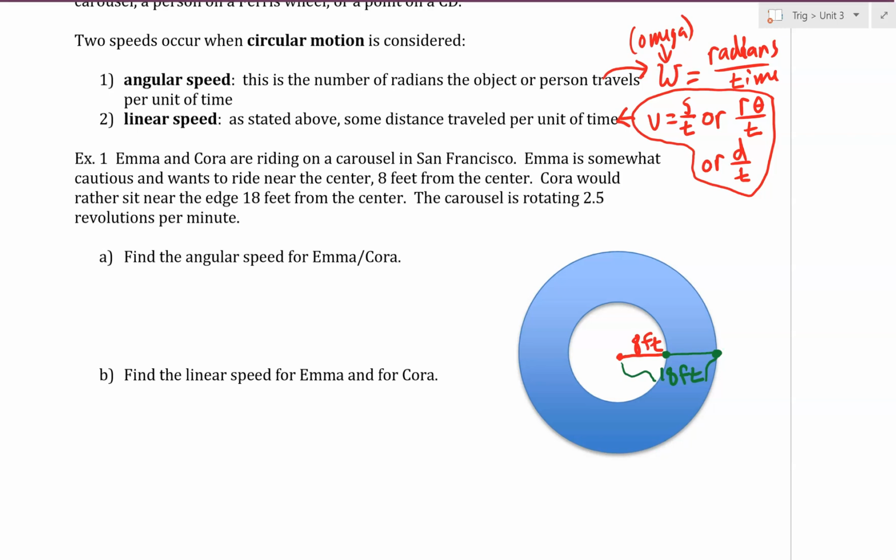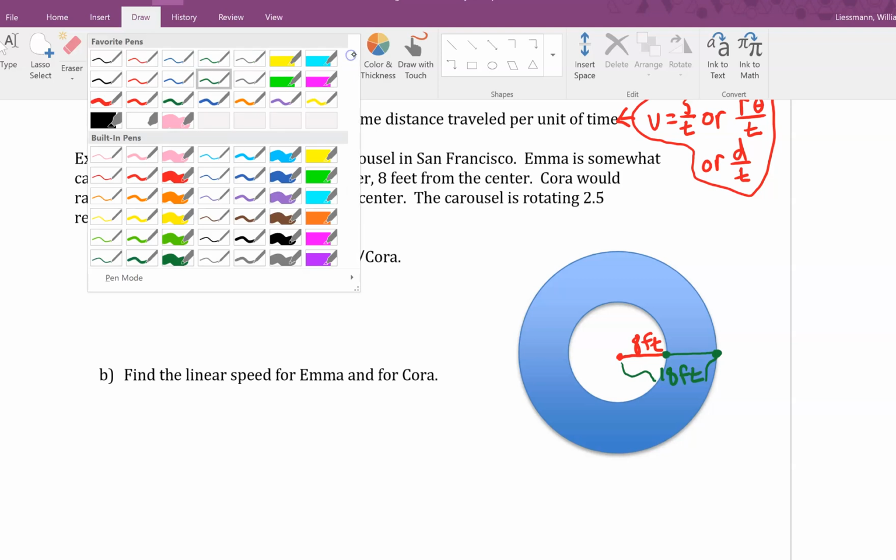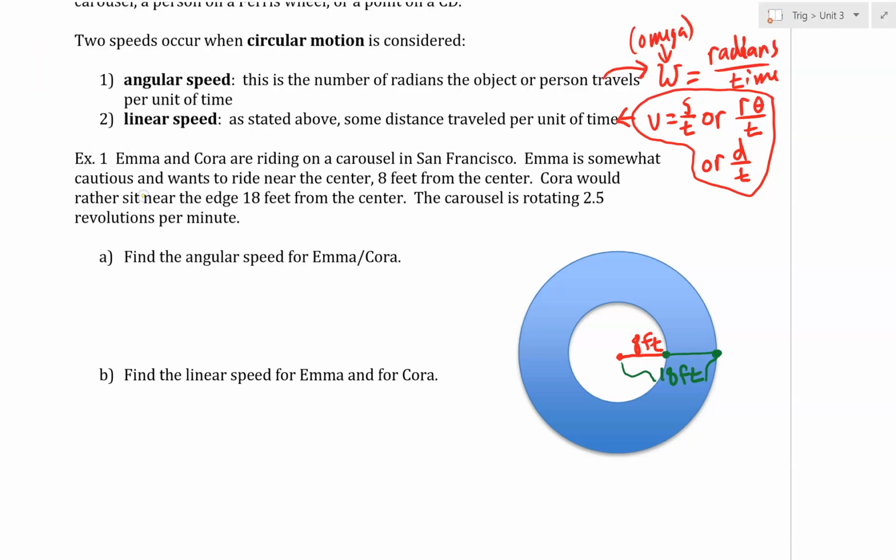It doesn't matter. Your angular speed will be exactly the same. Hopefully you guys see that, because it doesn't matter where you're sitting. If I end up being somewhere, let's say, maybe I'm going this way, so all of a sudden we're both over here. Well, here's one of them. Here's the other one. The angle at which you are traveling is the same for both. That has not changed.